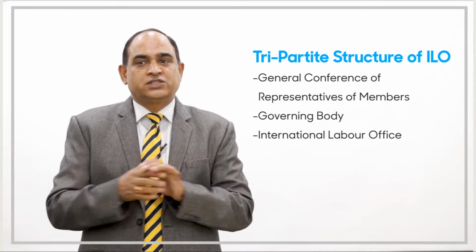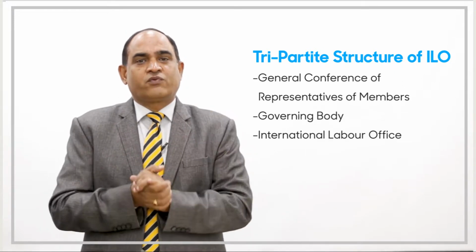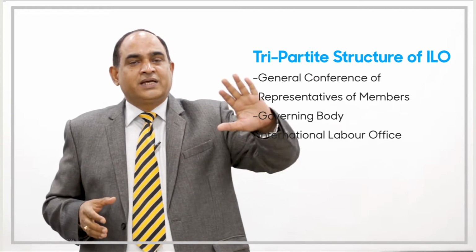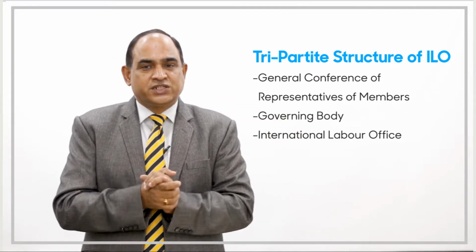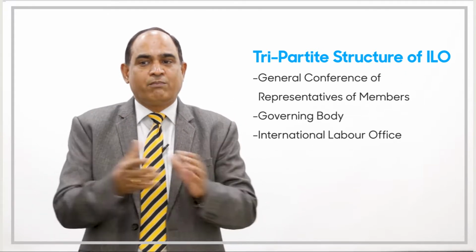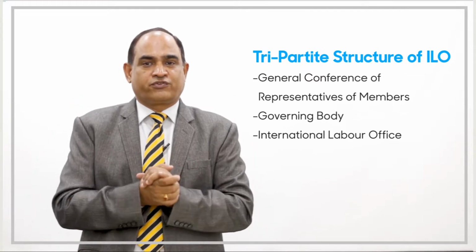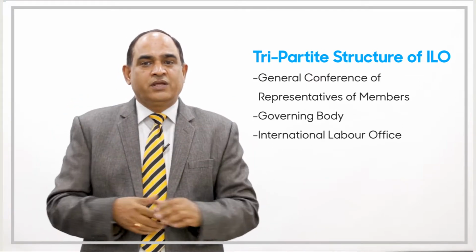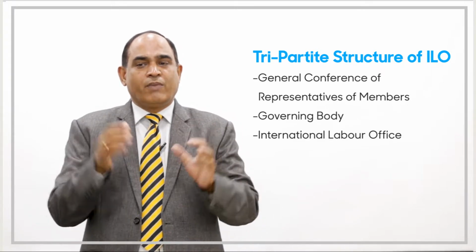Among its executive bodies, there are three which are very important. One is a general conference of representatives of members, and then there is a governing body, and then there is an International Labour Office. Now, first let us take up the general conference of the representatives of members.